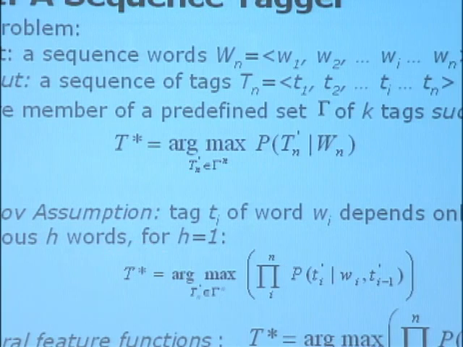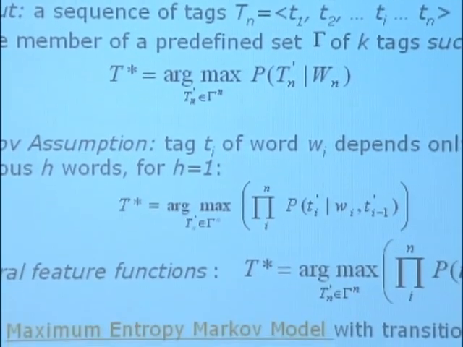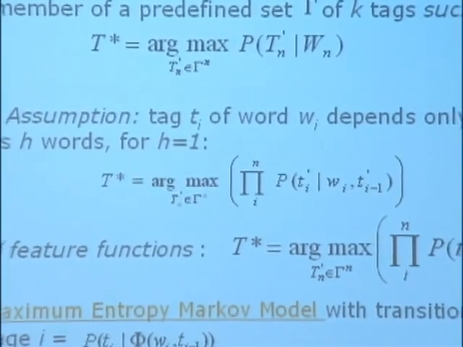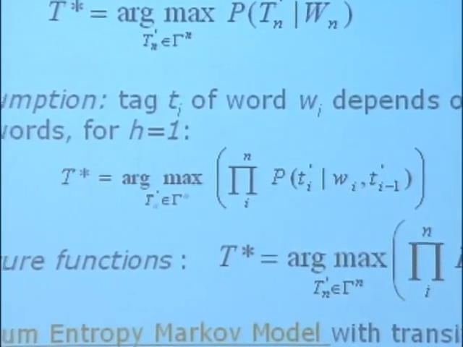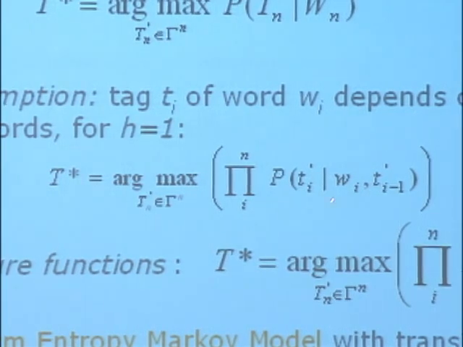That means I'm not going to take the whole sequence I've seen so far into account, but I'm going to forget some of the history. I'm going to take only maybe 2, maybe 1 of my preceding decisions. So I make an independence assumption saying that this whole sequence can be chopped up into small bounded sequences of decisions.